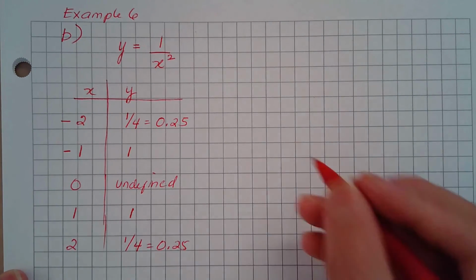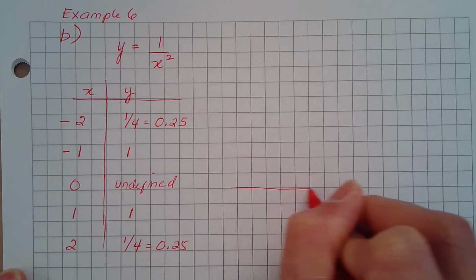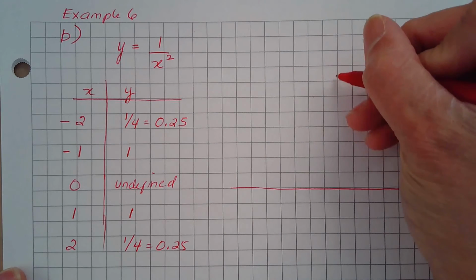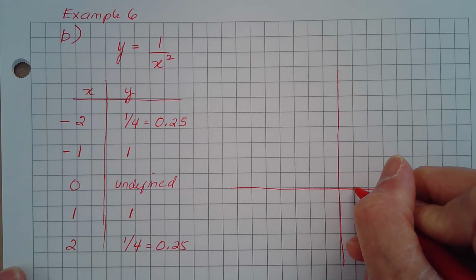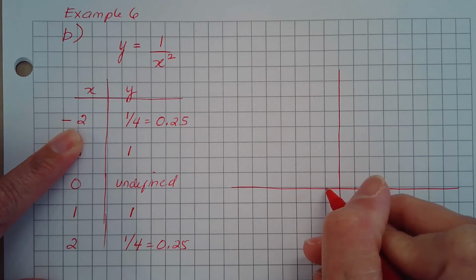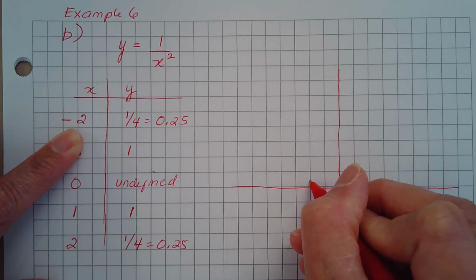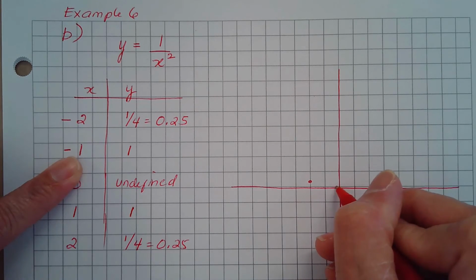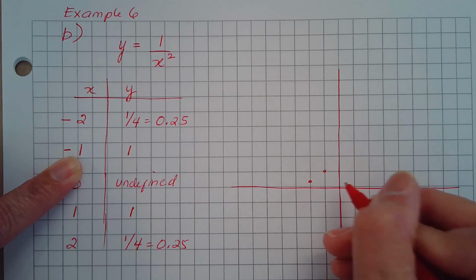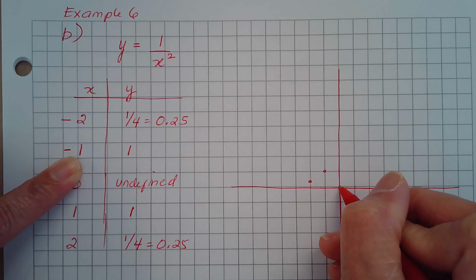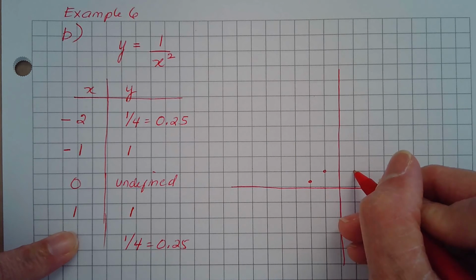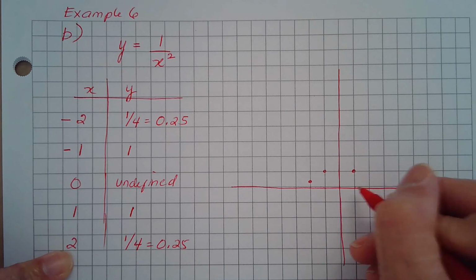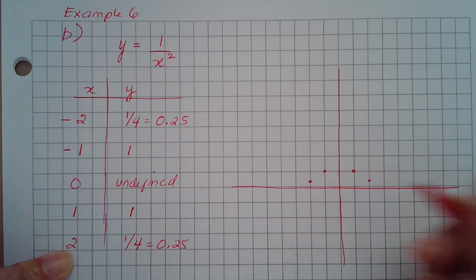So what does that graph look like? Negative 2 is 0.25, negative 1 is 1, 0 is undefined, 1 is 1, 2 is 0.25.